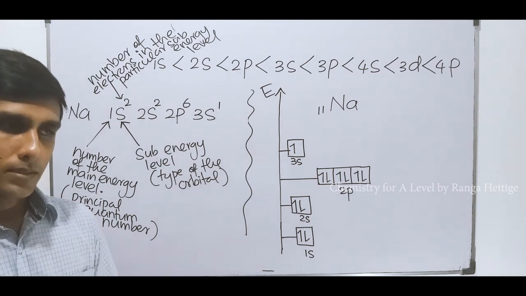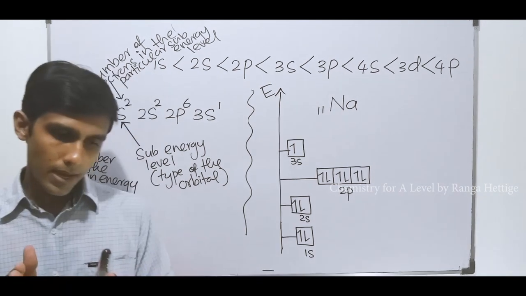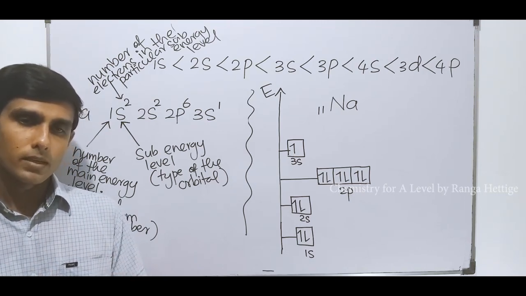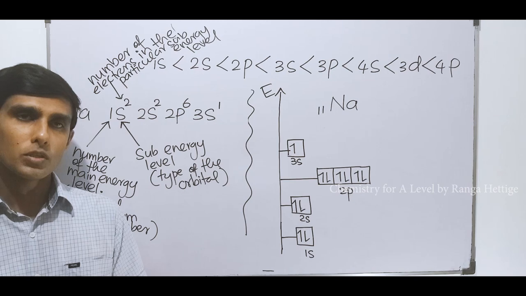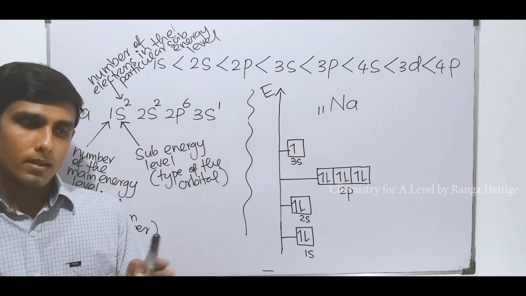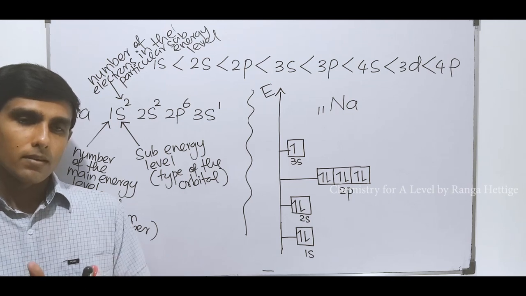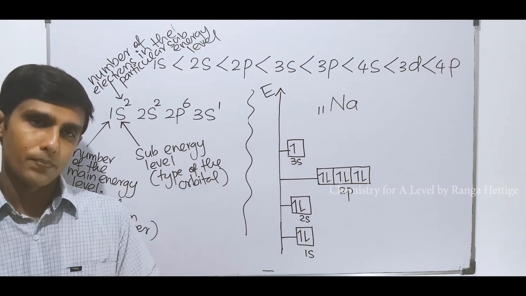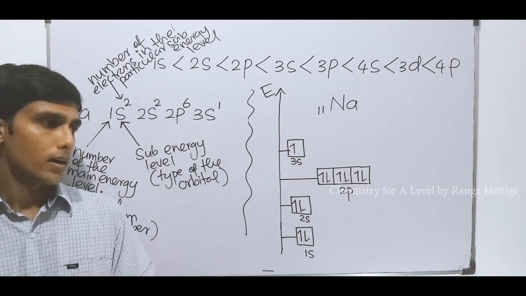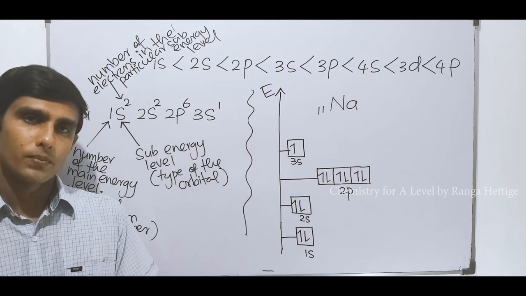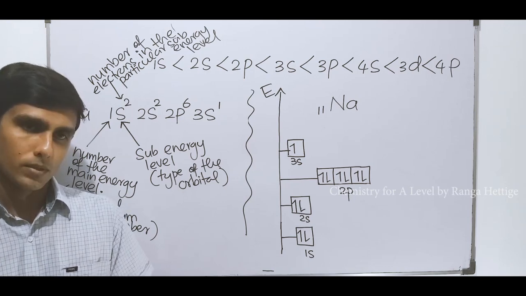Ground state means the state where the electrons are present in the minimum possible energy states. That means the electrons have the minimum possible energies. In an atom where all electrons have the minimum energy, that is called the ground state.